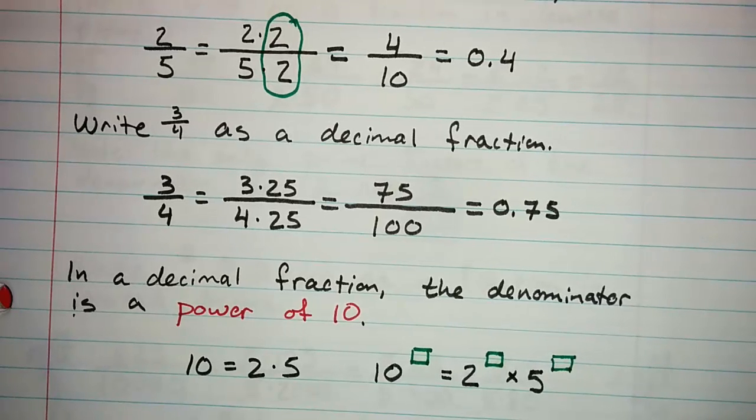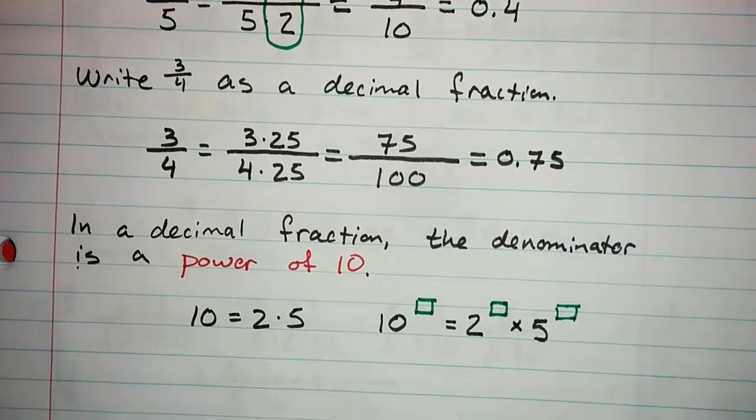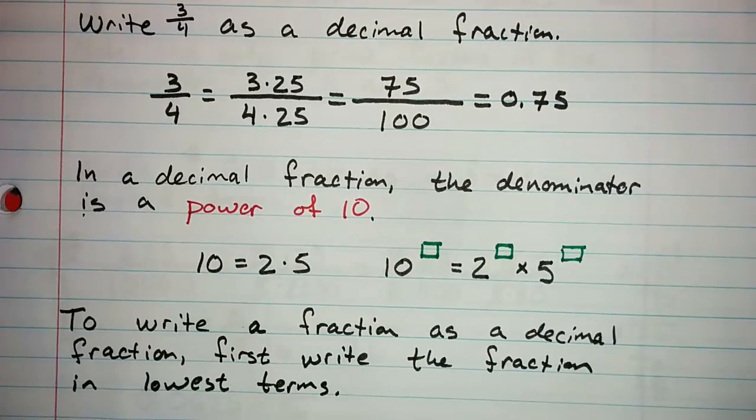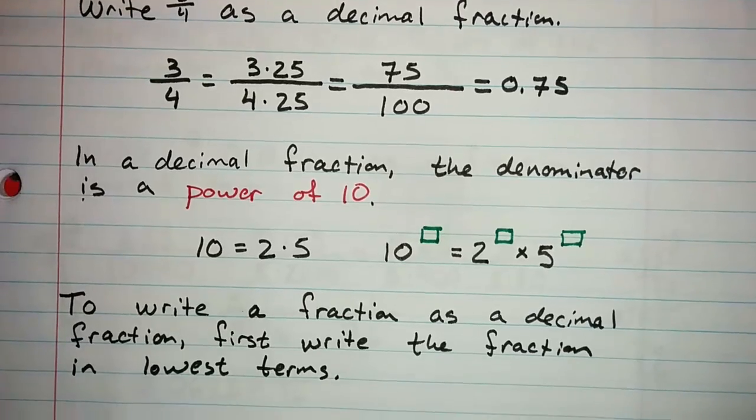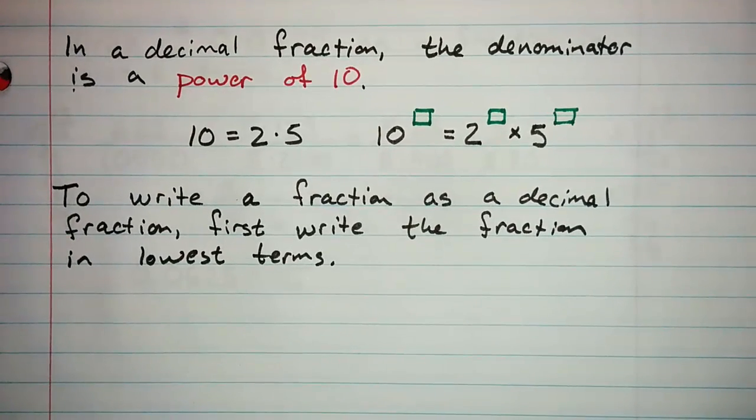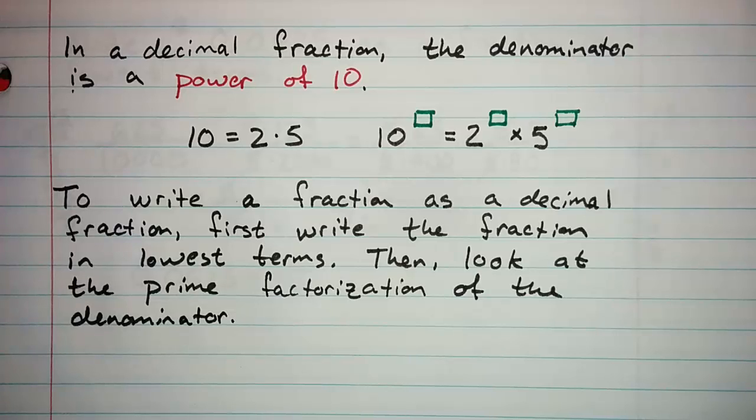That tells us how to get our denominator to be a power of 10. We're going to start by writing our fraction in lowest terms, just so we can work with numbers that are as small as possible and avoid any potential complications. Then, we're going to look at the prime factorization of the denominator.